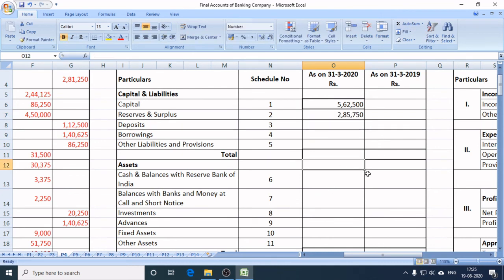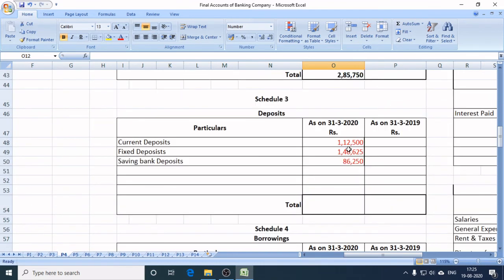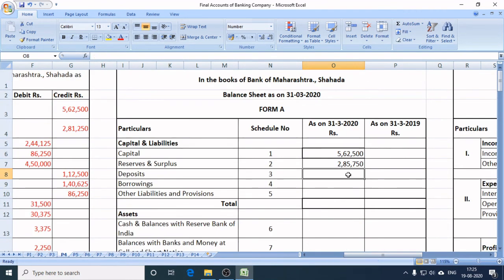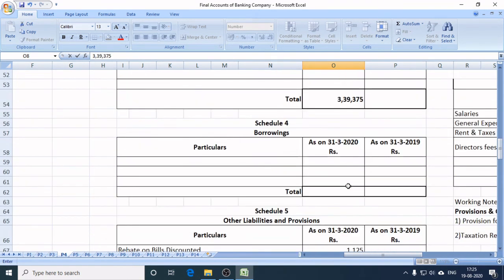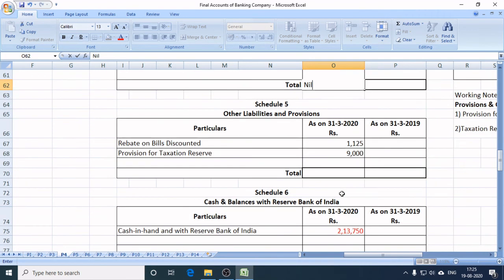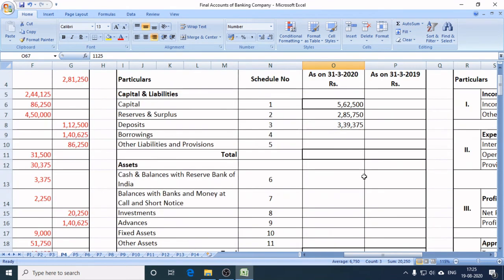Okay, the next schedule is deposits. The total is 3,39,375. Next, borrowings are nil, so I'll type nil, and the total of schedule number 5 is 10,125.